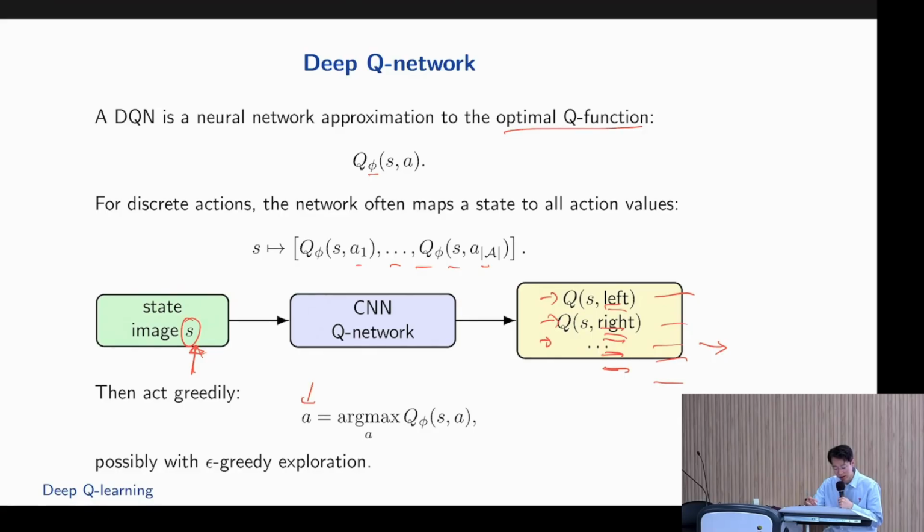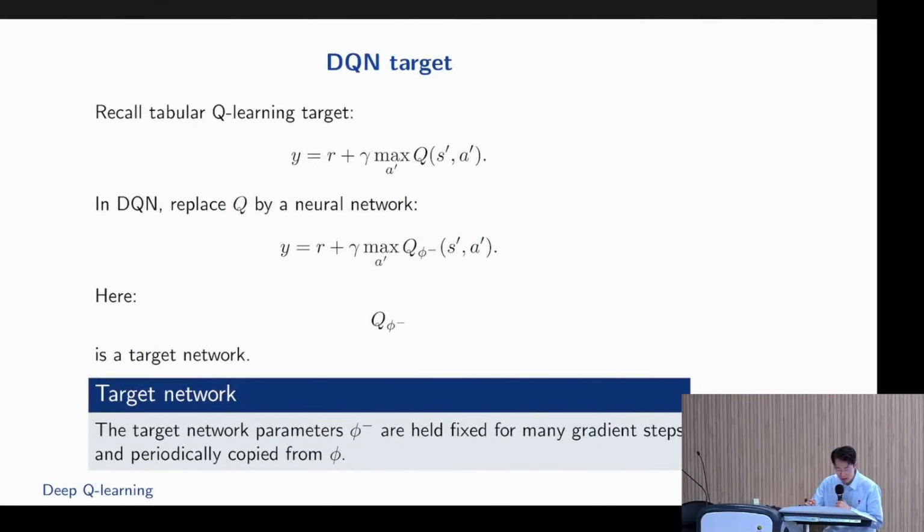And you'd act greedily according to Q, so take the one with the highest Q(s,a) combo. So it's basically the same as Q learning, but with deep learning as the Q approximator.